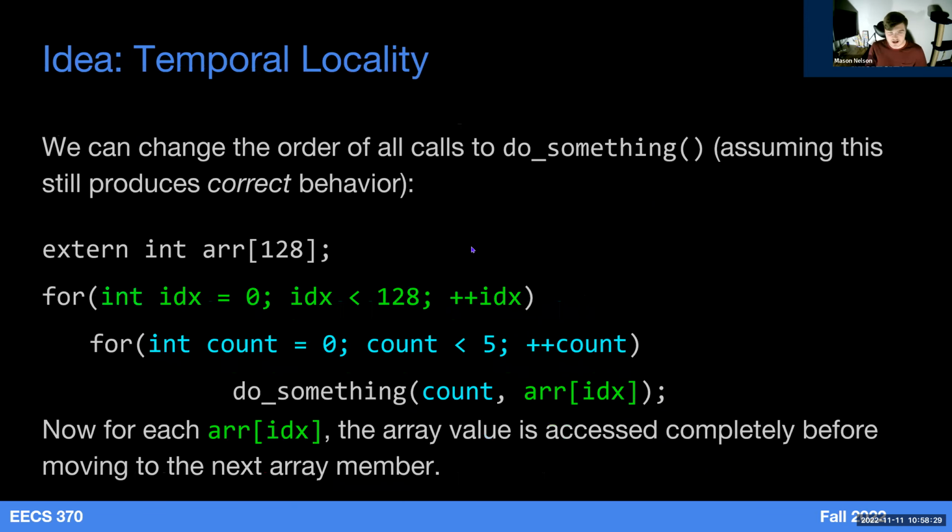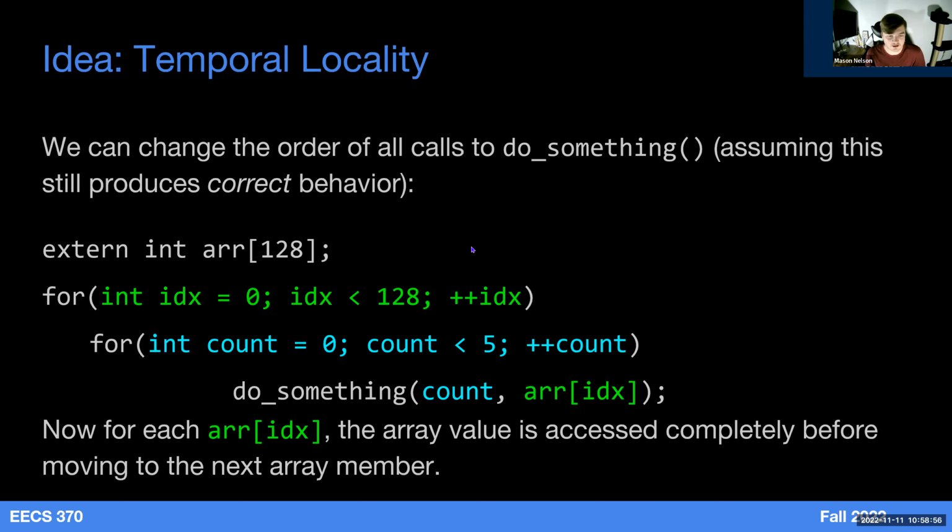And that is by changing the order of the loop. So we've been going through the array 5 times. And if we go through an array 5 times in our cache, it's very possible that by the time we get to the end of the array, we've removed everything else in the array from our cache. We've evicted everything else because our array is kind of long, it might be longer than our cache. And so we want to find a way to undo that.